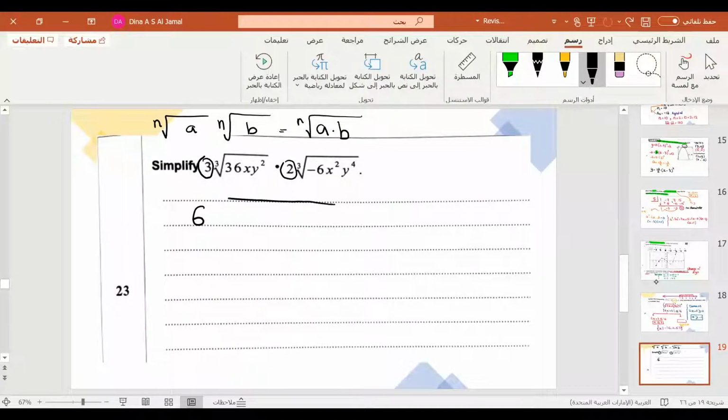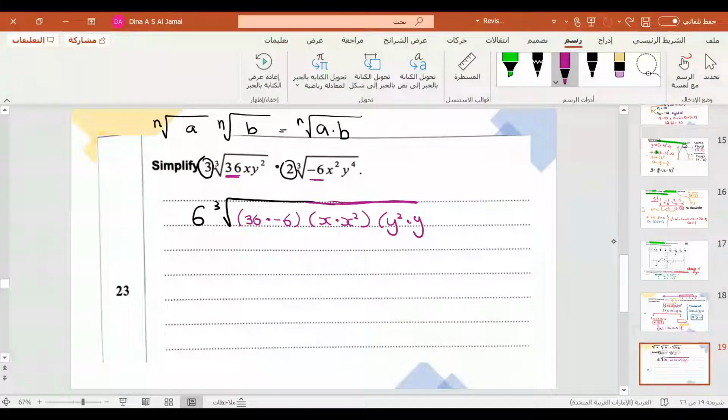So you can put it all together in one cube root. So 36 multiplied by -6, and x multiplied by x squared, then y squared multiplied by y to the power 4.